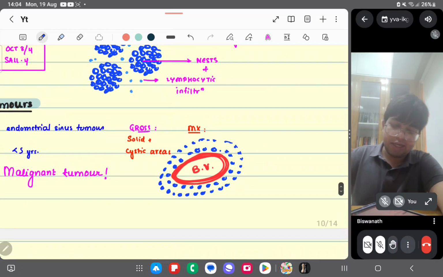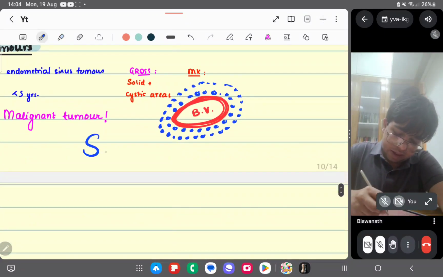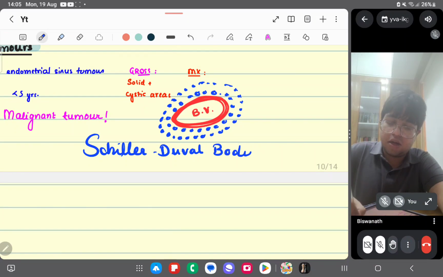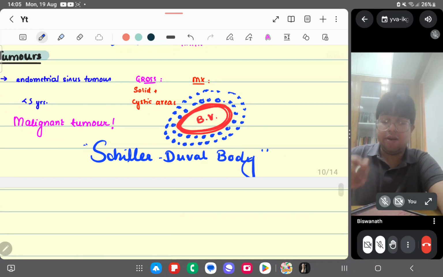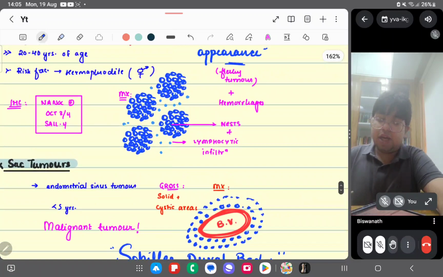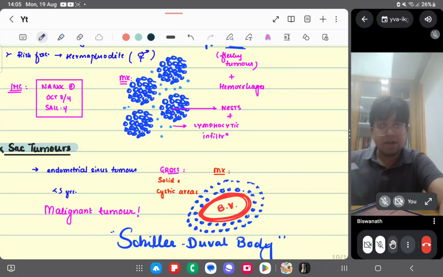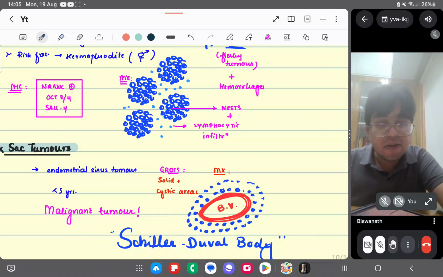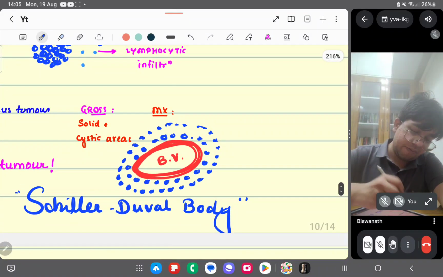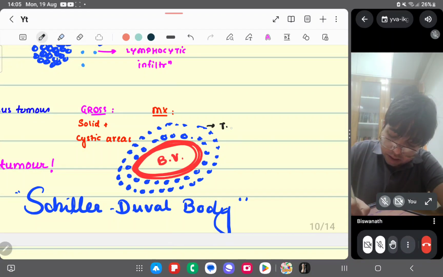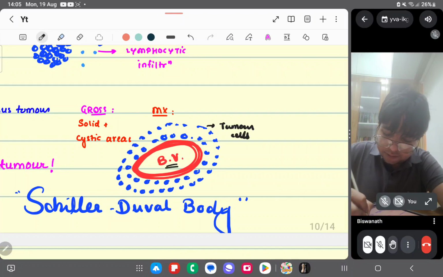So this appearance basically is called the Schiller Duval body. So a blood vessel is surrounded by two layers of tumor cells, right? You can mark these tumor cells, and this is the blood vessel.